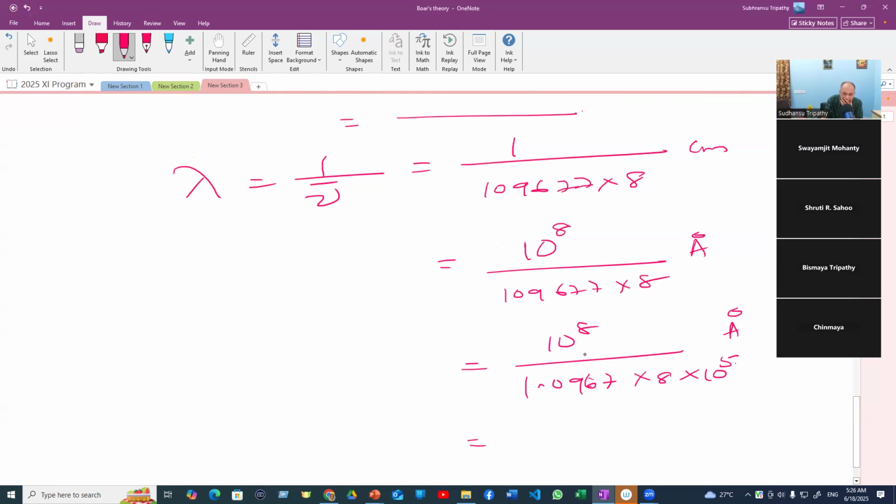So if you simplify, take 10 to the power 5 into 10 to the power 7.